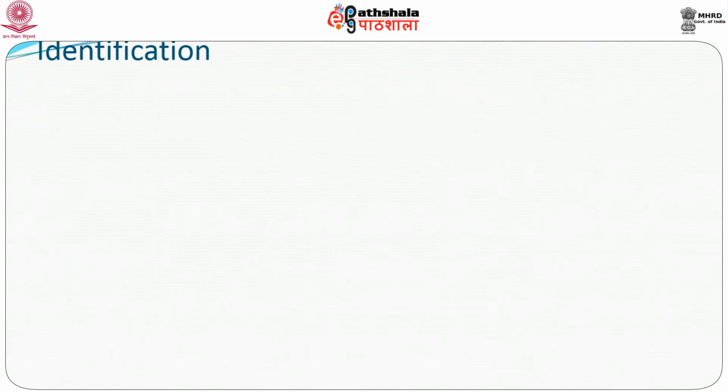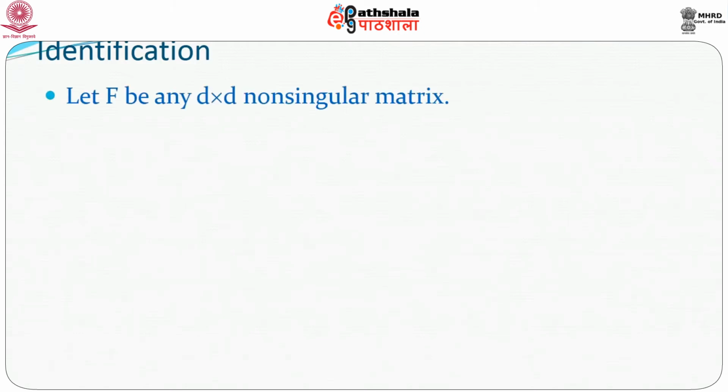Next, let us look at the problem of identification. Now let us try and understand why we have such a problem in this model. Let F be any d by d non-singular matrix.